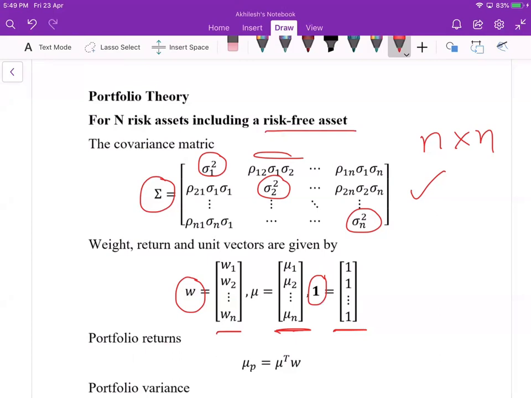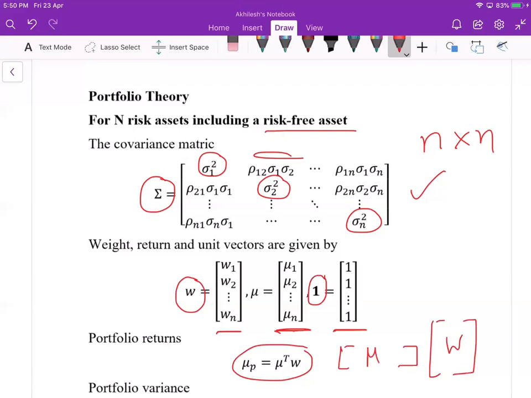Once we have defined all the basic matrices, the portfolio return is the transpose of the return of individual assets multiplied by the weight vector. When we multiply, we get a scalar.